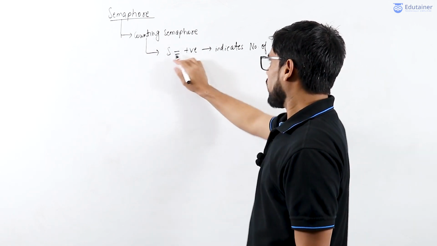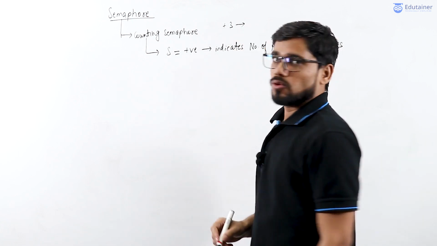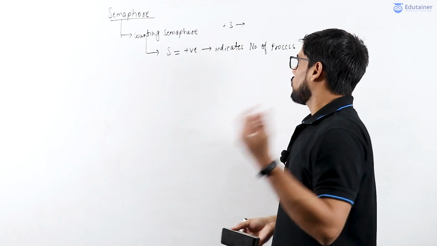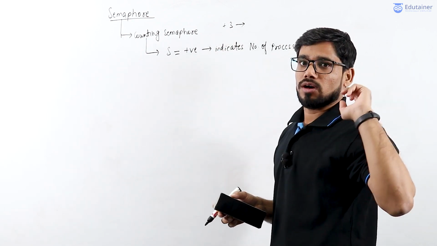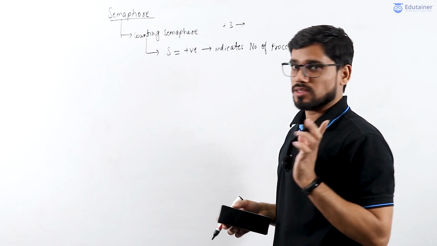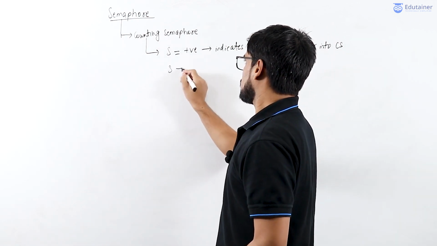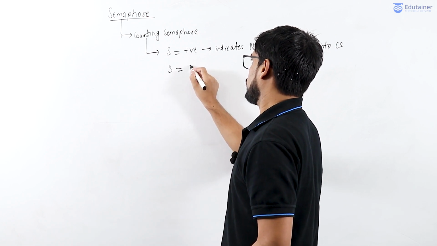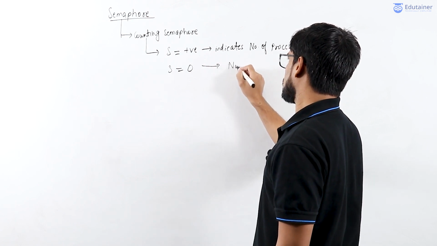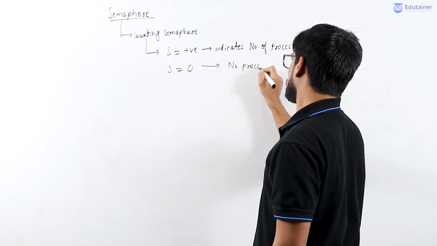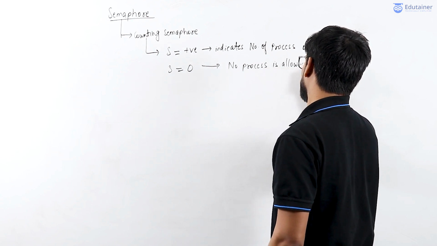Let's say the semaphore value is +3. That means a total of 3 processes are allowed to enter into the critical section at the same time. And if S is 0, then no process is allowed to enter into the critical section.